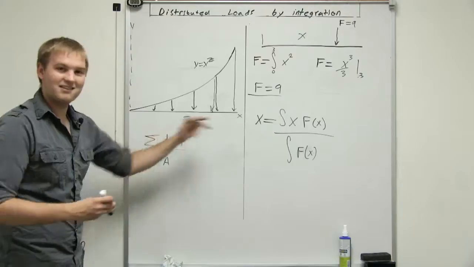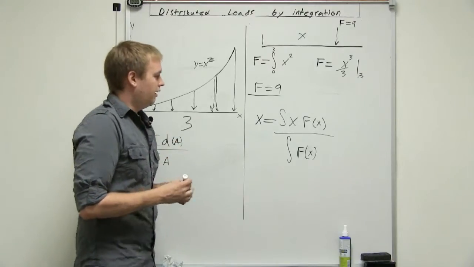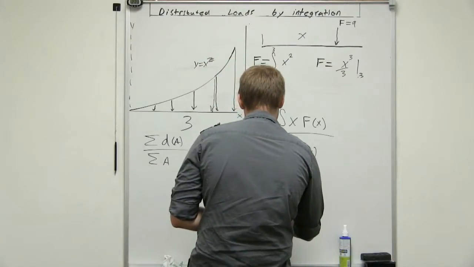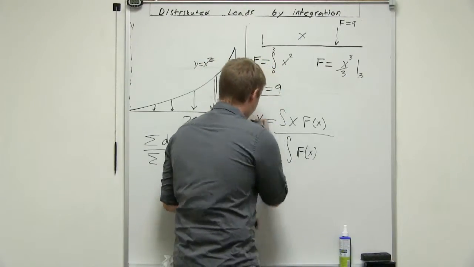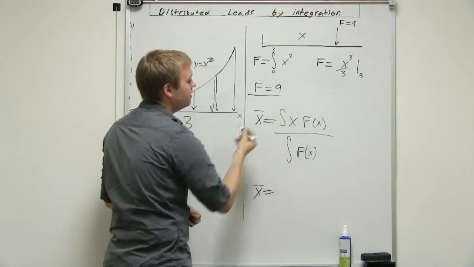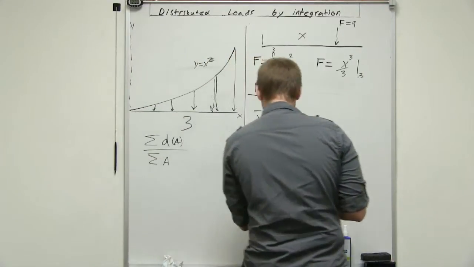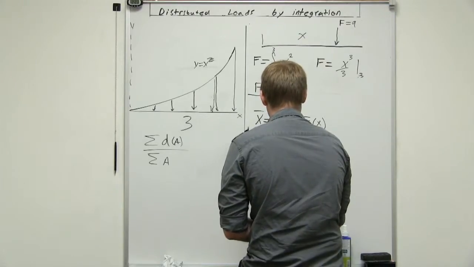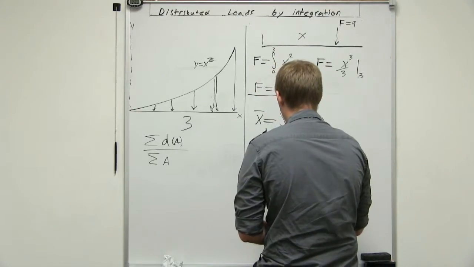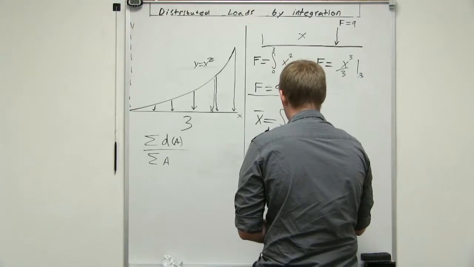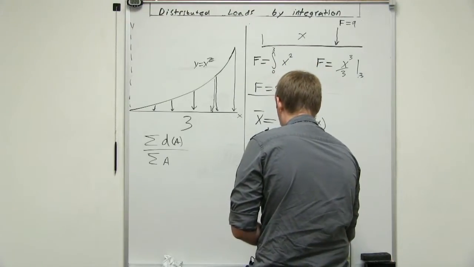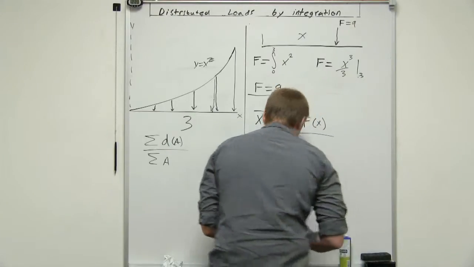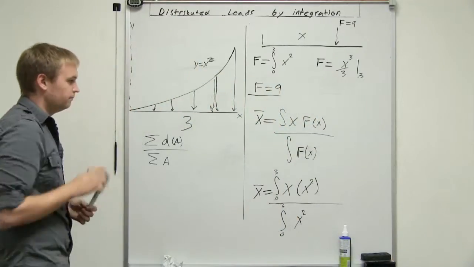So it's the exact same thing. And in this case, our equation is going to look like this: actually, let's call this x bar to distinguish between these two. x bar is going to equal the integral from 0 to 3 of x times x squared divided by the integral from 0 to 3 of x squared.